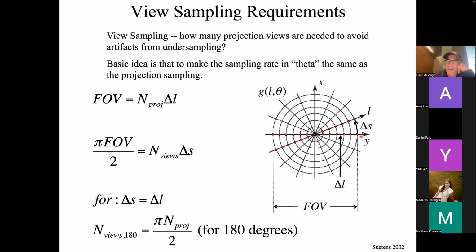So the arc length as I go along here is equal to the number of views, because here's 1, 2, 3 views. So I just multiply delta S times the number of views. That's an estimate of the arc length.